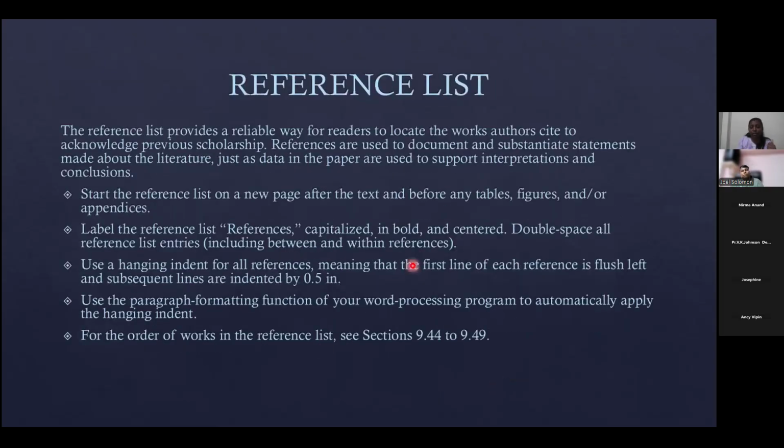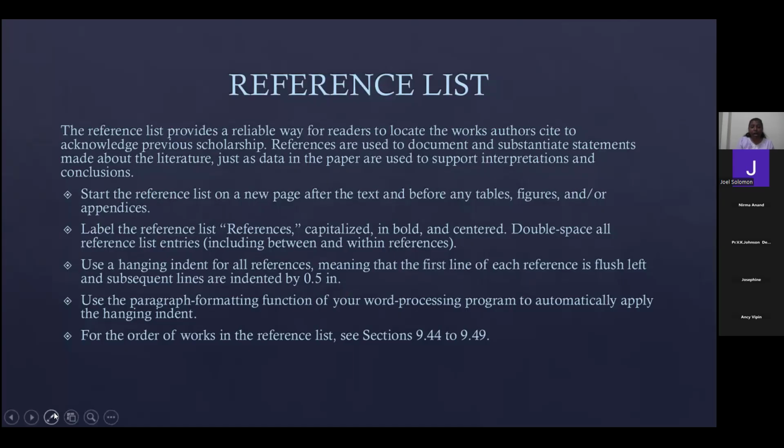So yes, we start with something called Reference List as the label of the page. Then we are writing the references. Everything is double spaced. The first line is flushed left, followed by a hanging indent, which means you have an indentation of 0.5 inches in the second line, third line, and the following lines.